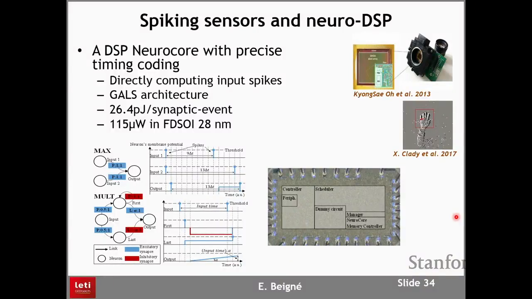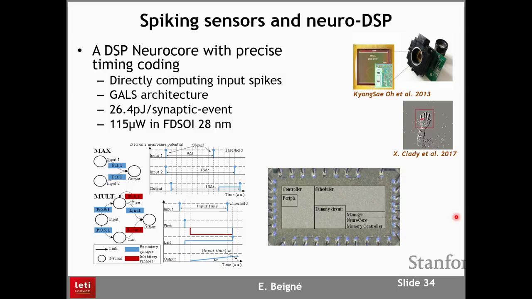So the idea is that we have designed a DSP that is just using the input spikes, using the precise timing between the spikes, and here we are able to perform a lot of operations, more than a classical DSP, because by construction, when we assemble the different neurons and the different types of synapses together, we are able to perform a lot of operations, nonlinear operations or whatever.